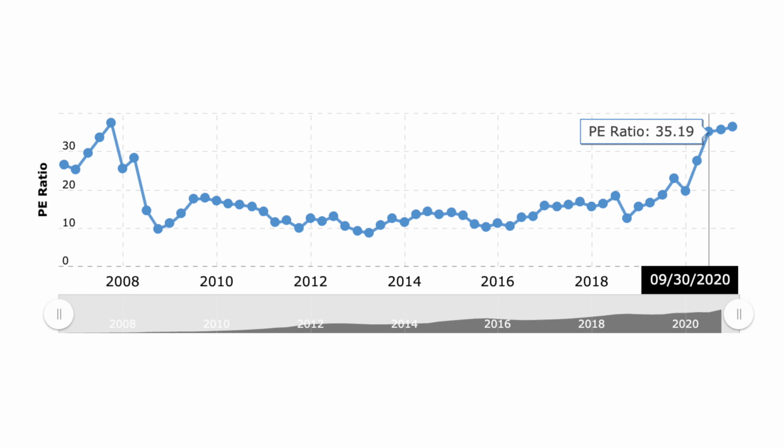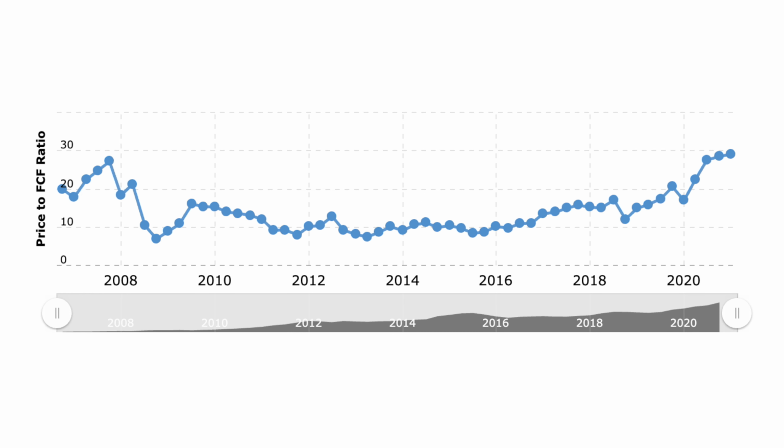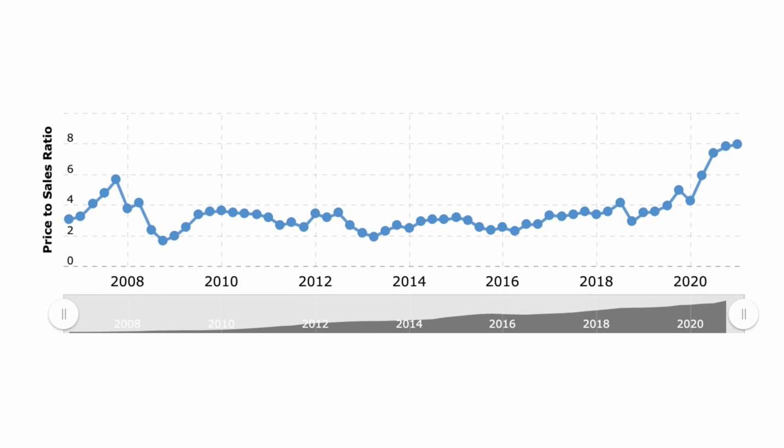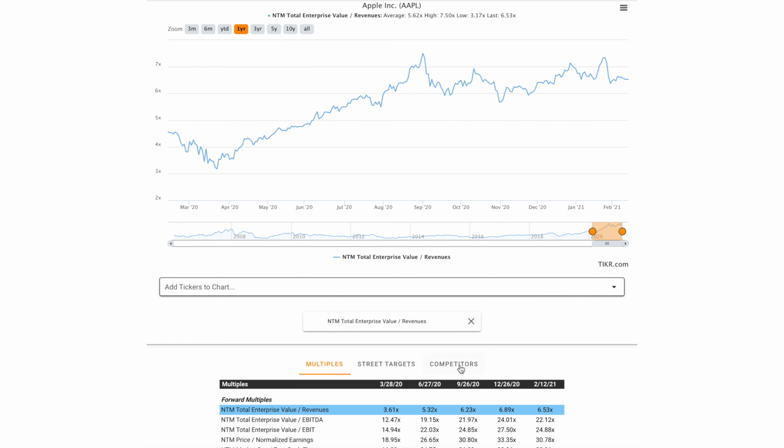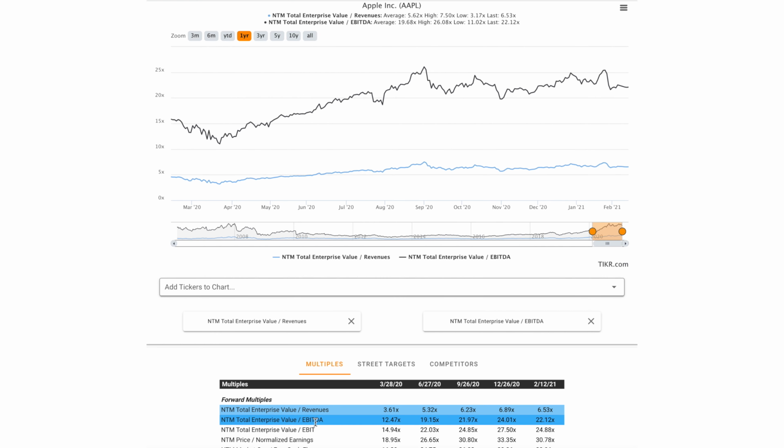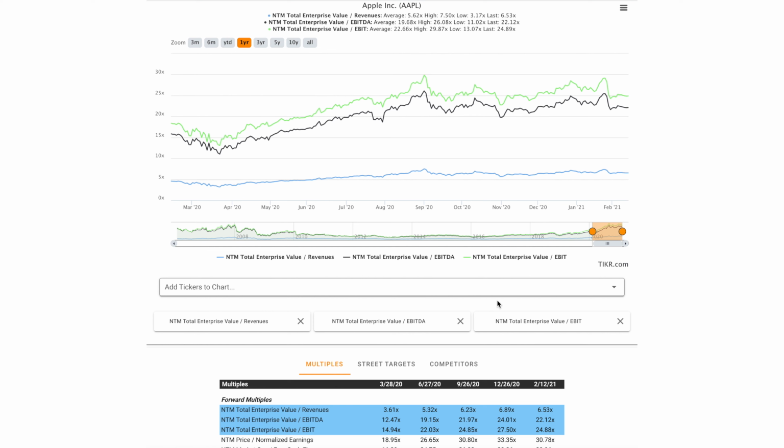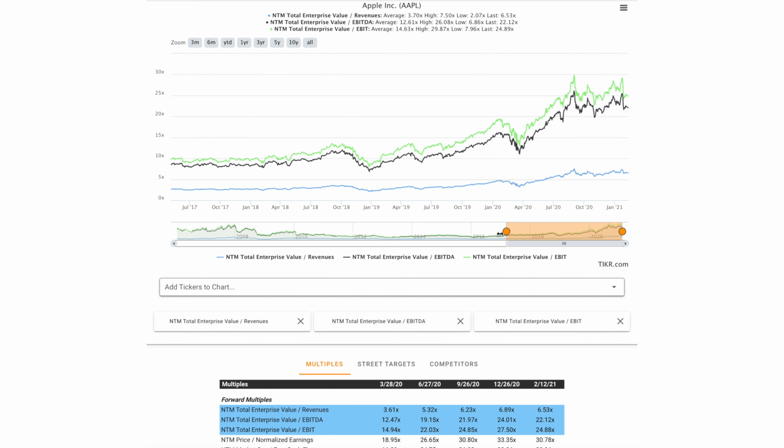You could do the same with Apple's price to free cash flow ratio or the technology company's price to sales ratio. Again, I can also recommend the service of Ticker, which offers the same function but many different valuation ratios.